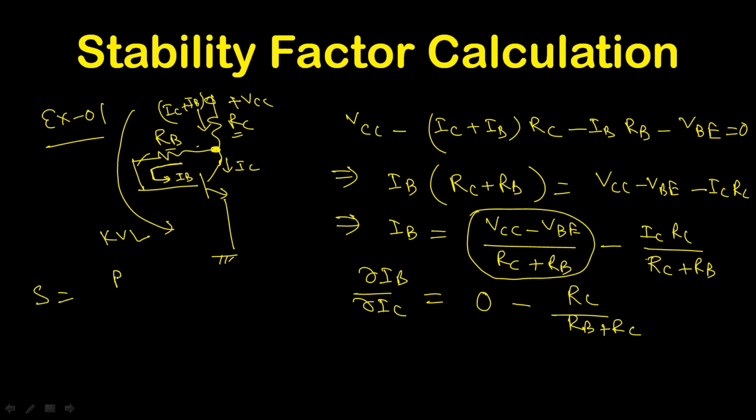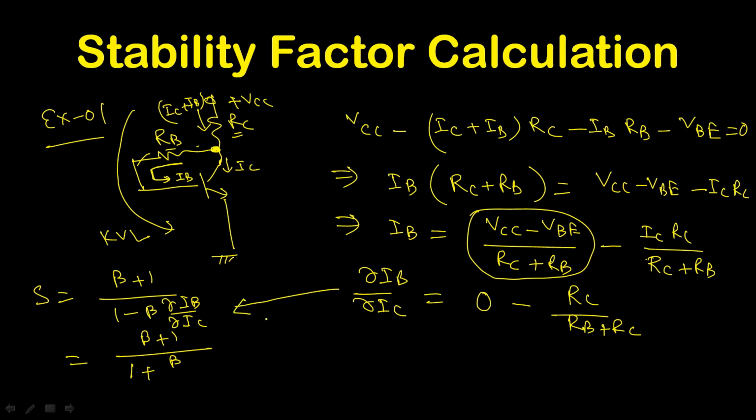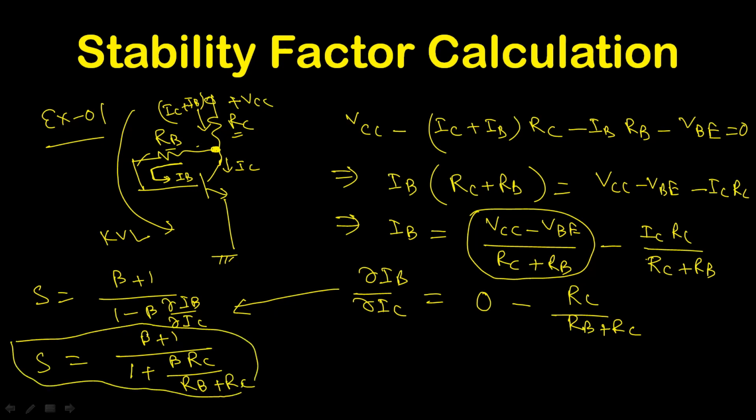So S, that is (beta plus 1) divided by (1 minus beta del IB by del IC), gives (beta plus 1) divided by 1 plus beta RC by (RB plus RC), since that minus becomes plus. So this is the value of S we are getting from this circuit. You can apply this strategy to any circuit to calculate the value of the stability factor.